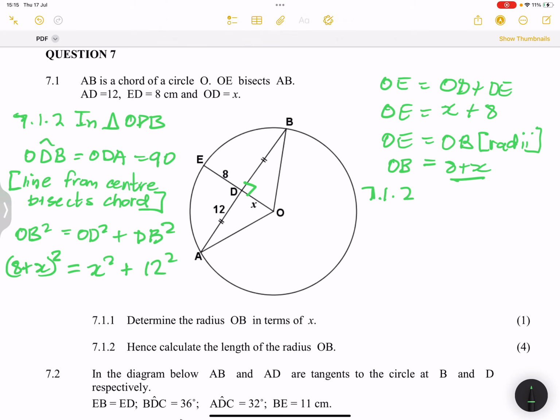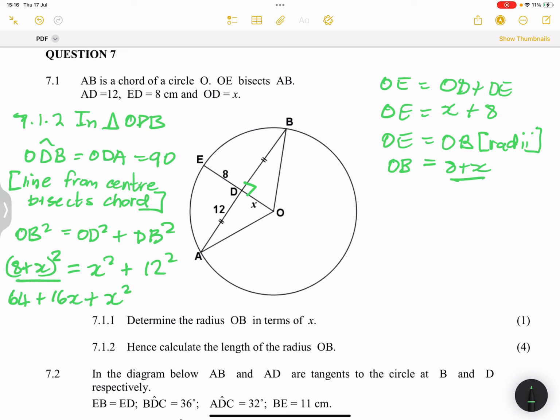Now, ladies and gents, all that we need to do is work with what we have over there. So this is going to be 64 plus 8x times 2, that's 16x, plus x squared. So I'm expanding that bracket.